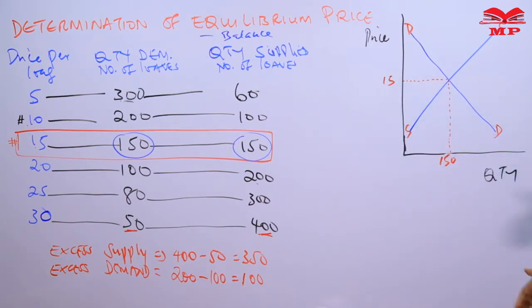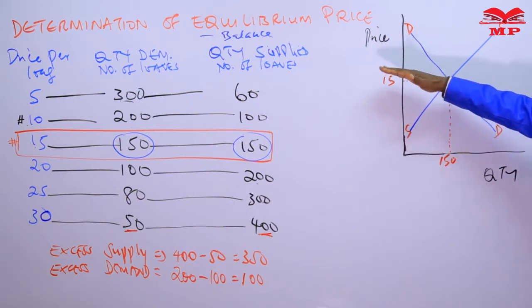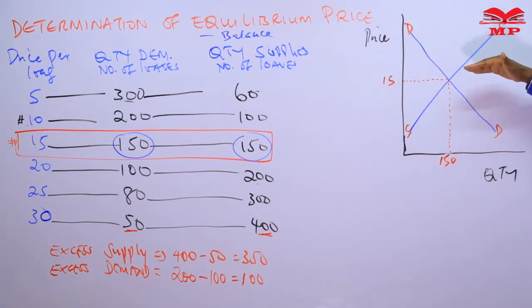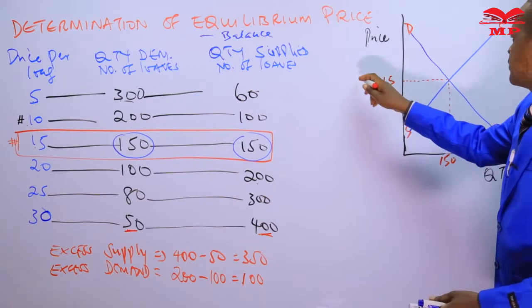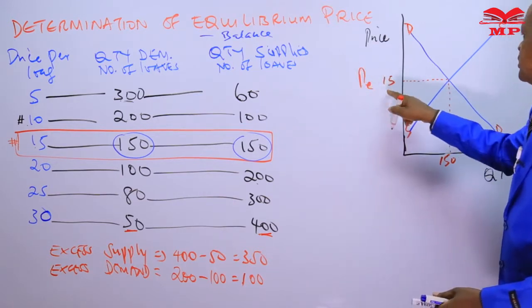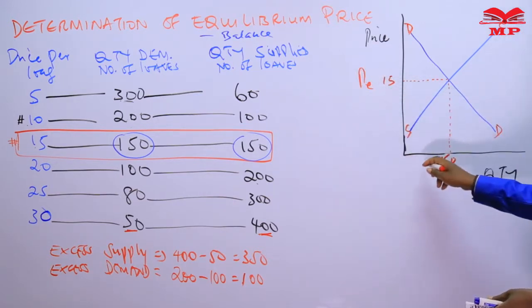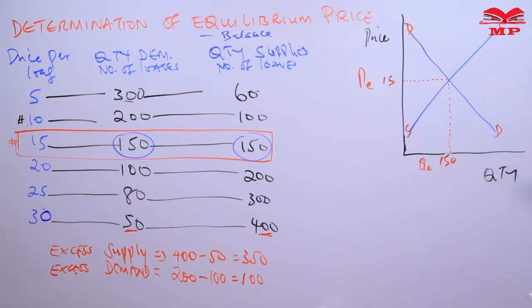Then we went ahead and illustrated using a diagram on how to determine the equilibrium price, because this is the equilibrium price, which is 15, and the equilibrium quantity of 150. You simply draw the two curves on the same graph.